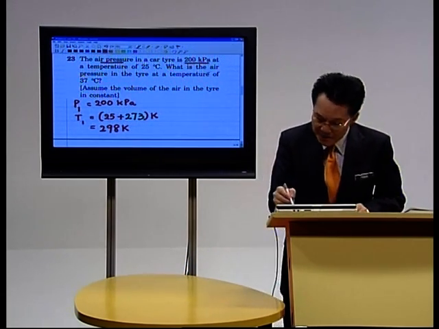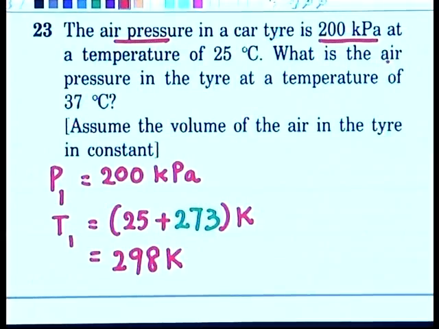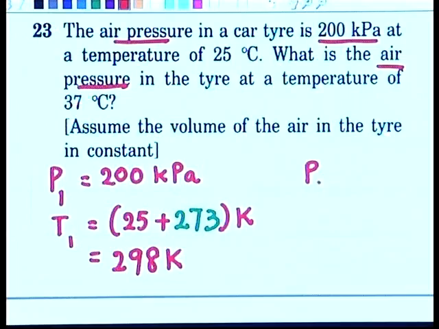So what else is there? What is the air pressure in the tire? In other words, we want to calculate what is the second pressure. Put a question mark. At a temperature of 37 degrees Celsius.